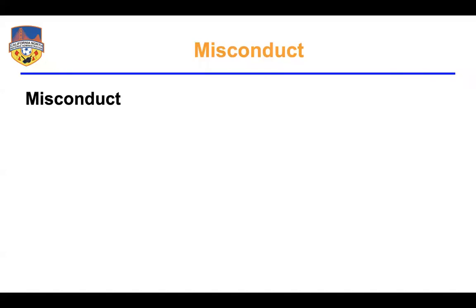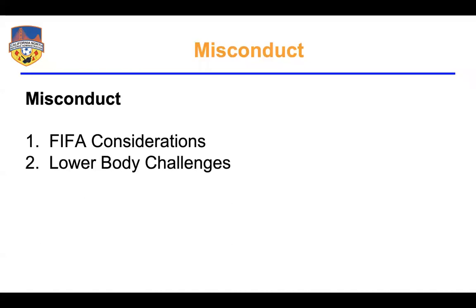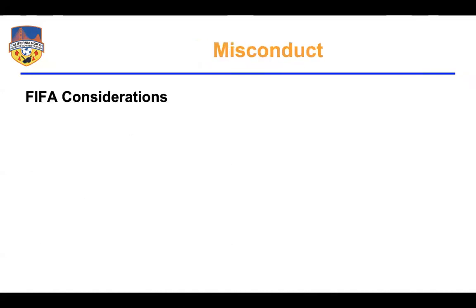The next level up is if we have a reckless challenge of some kind, we can issue a yellow card, a caution, for reckless challenges, tackles, things of that nature. And we'll talk about these to some degree here in a couple of minutes. And then the next that we have is for serious foul play or violent conduct, a red card. And again, we'll talk about some of those considerations and what they look like. So we'll go over the FIFA considerations for lower body challenges and then take a look at some clips.